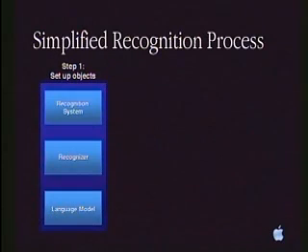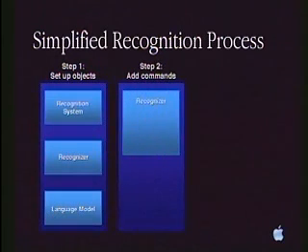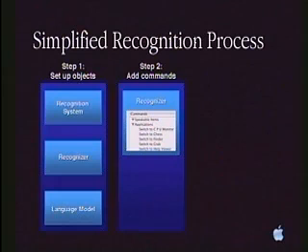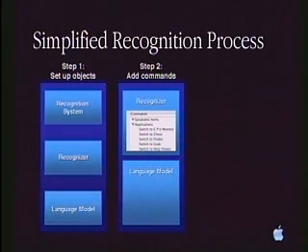The second step is that you need to tell it what commands to listen for. So in the routine that we give, you pass in the recognizer object, and then you pass in an array of commands. It gives the recognizer object those commands to display in the speech commands window. Then you also pass in the language model object, and it gives the commands to that so the recognition engine knows what to listen for.